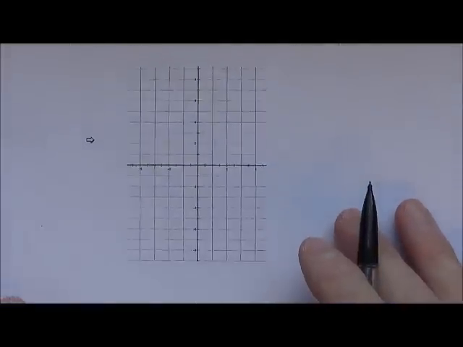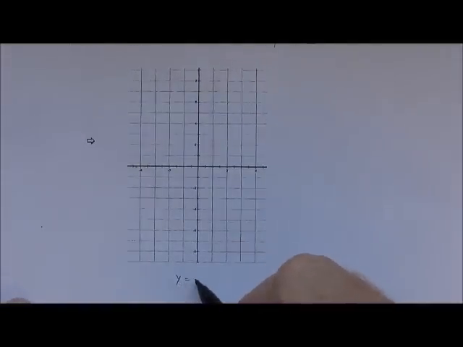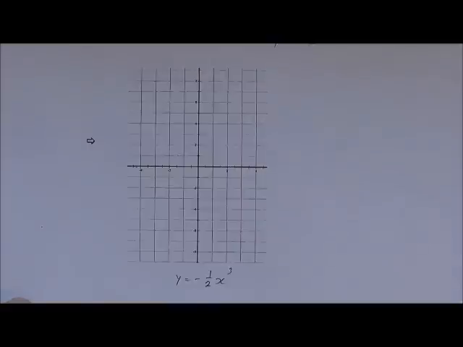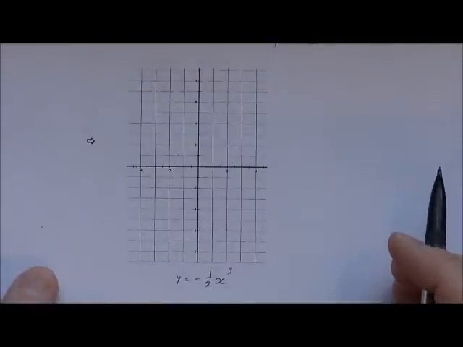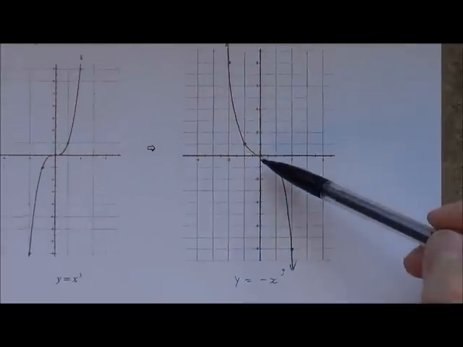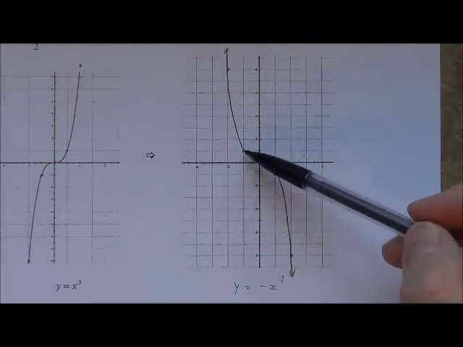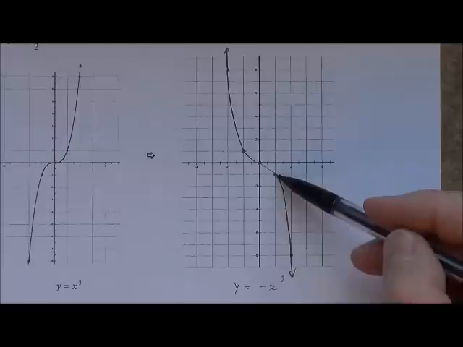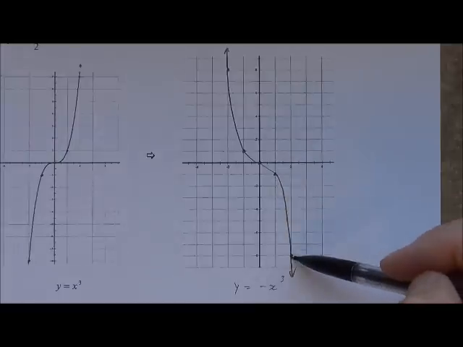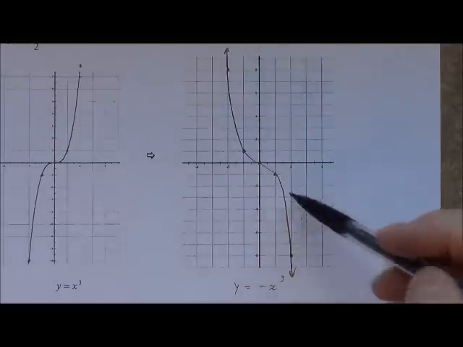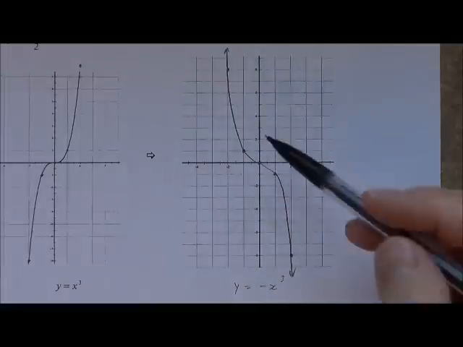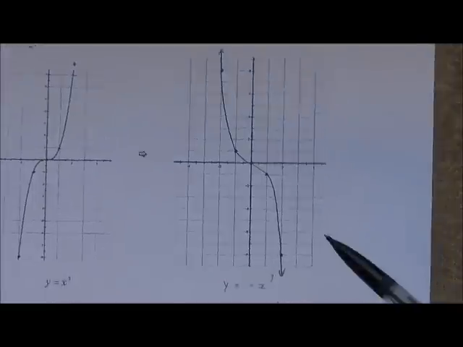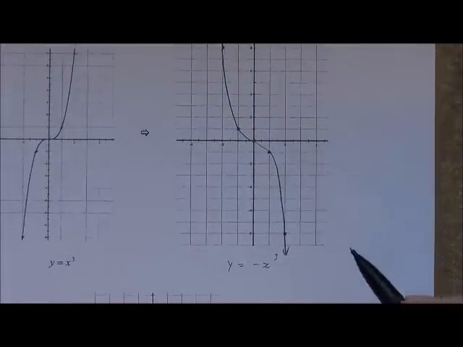So if we were to now transform that to get the final graph of y equals -1/2 x cubed, then we'll take all these points, 0, 0, -1, 1, -2, 8, 1, -1, and 2, -8, and divide all those y values by 2. That would give the vertical compression by 1/2.